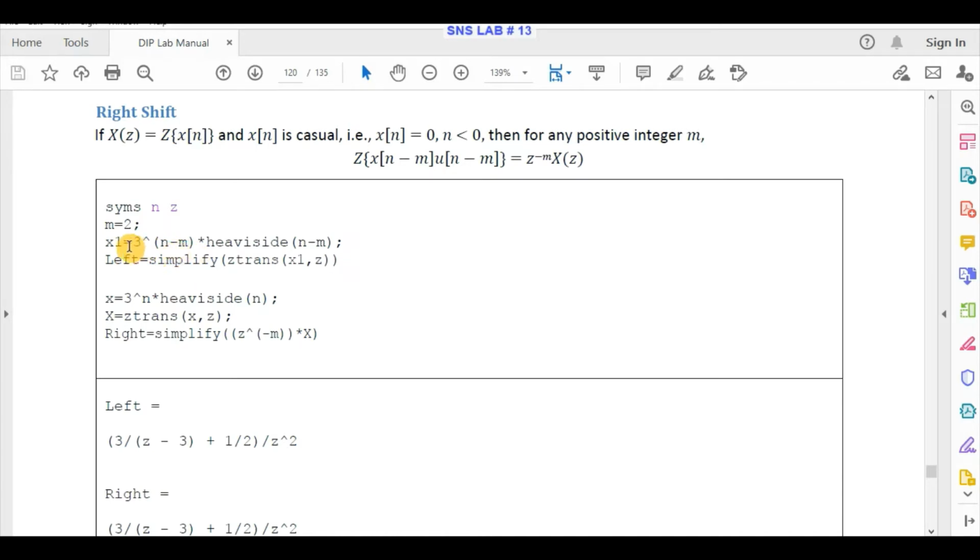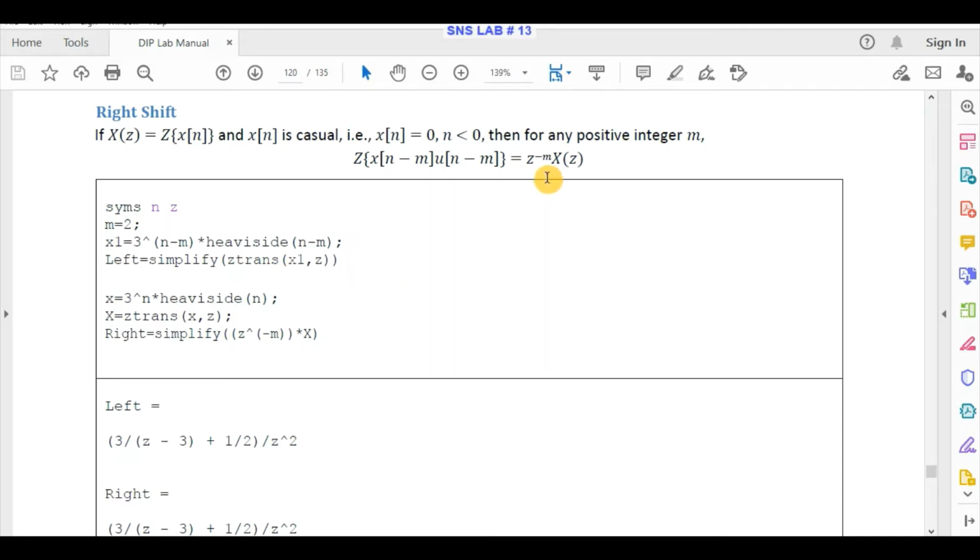So this is the signal we are assuming here, multiplied by Heaviside n minus m. To calculate the left side, we will take its Z transform and it will return the answer of left side.